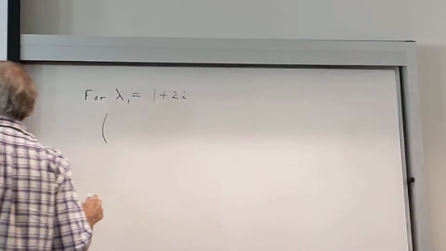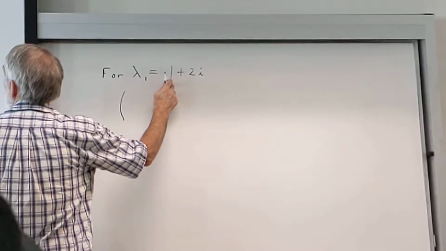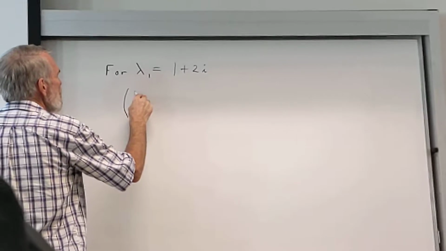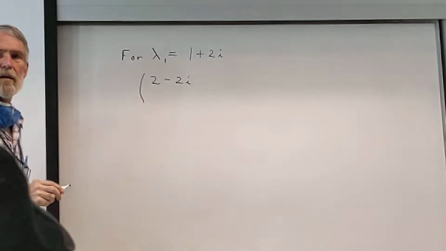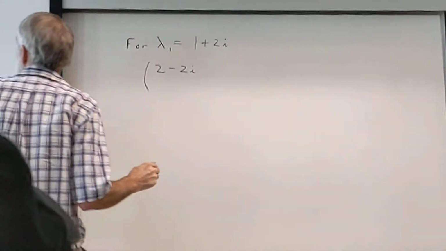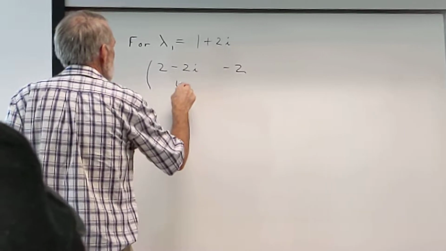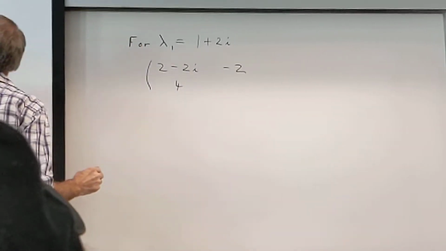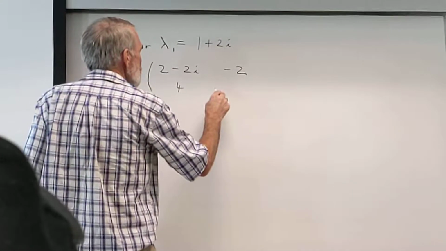Into our matrix, we're going to get 3 minus lambda 1, all right? That gives us what? 2 minus 2i, right? So that first entry. Next entry, minus 2. We're going to get a 4. All right? What are we going to get down in the lower one? Negative 2 minus 2i.